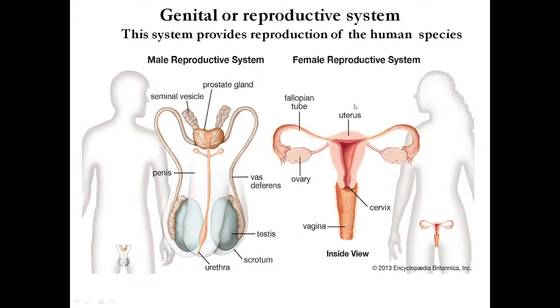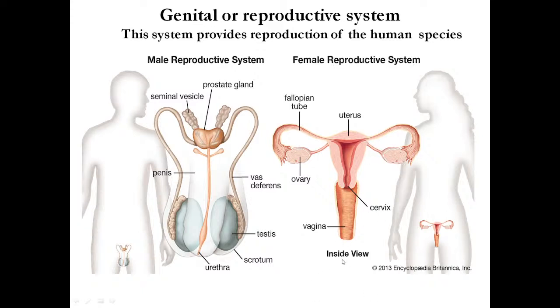And the next system, the genital or reproductive system. This system provides reproduction of the human species. This is the male reproductive system. This is the female reproductive system. Notice the ovary, fallopian tube, uterus.